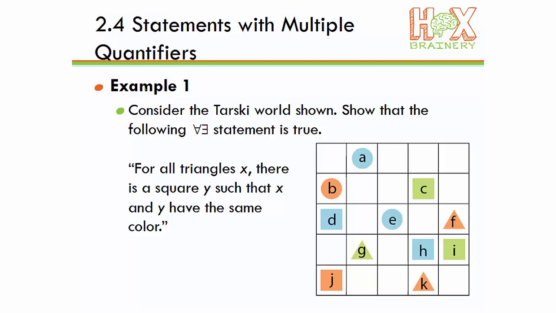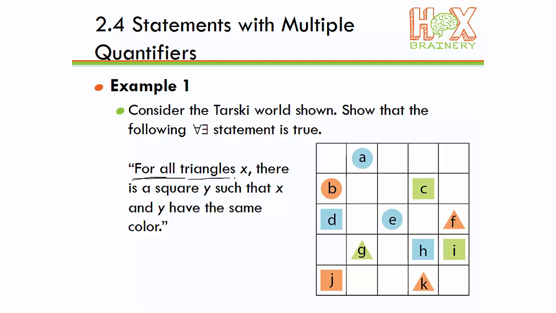Okay, so for example 1 here, we have a Tarski world in that grid there. So we're going to consider the Tarski world that's shown. We want to show that the following universal existential statement is true. It's a universal existential statement because that's the order in which the quantifiers appear. We have the for all here, the universal.